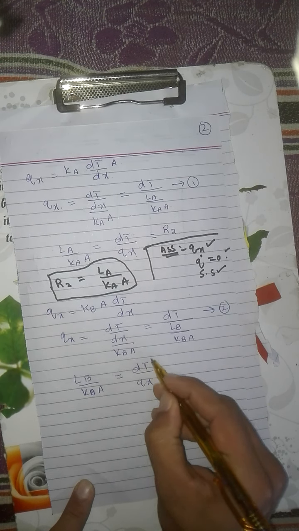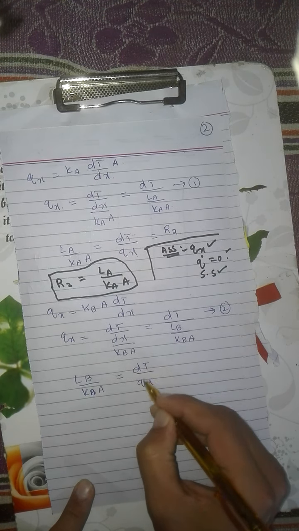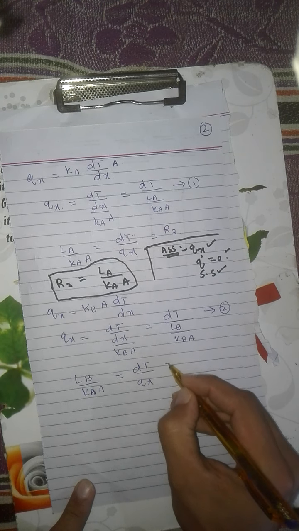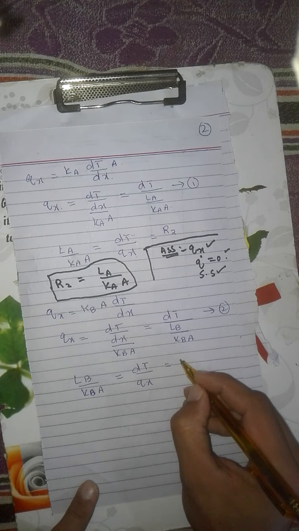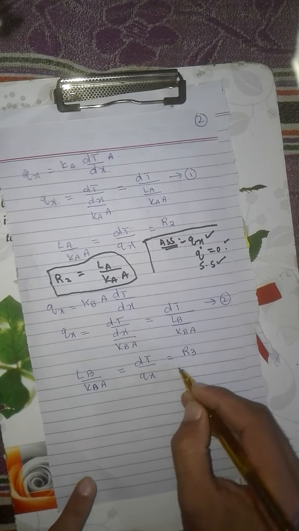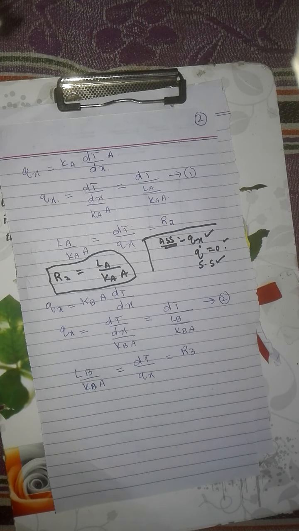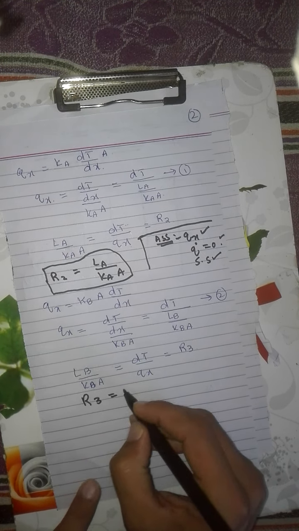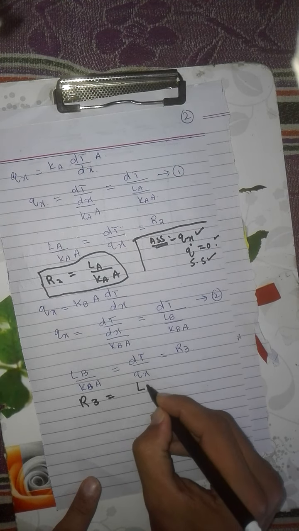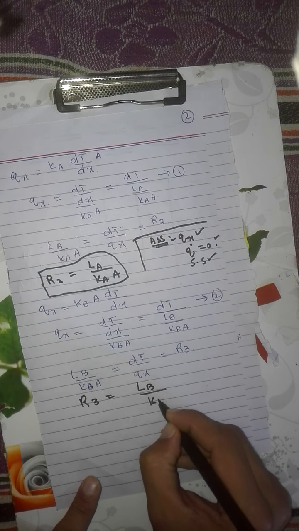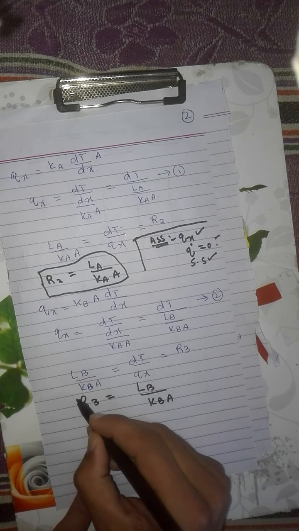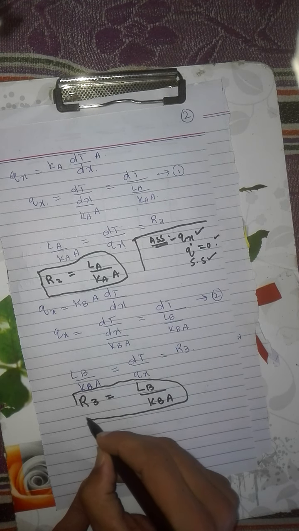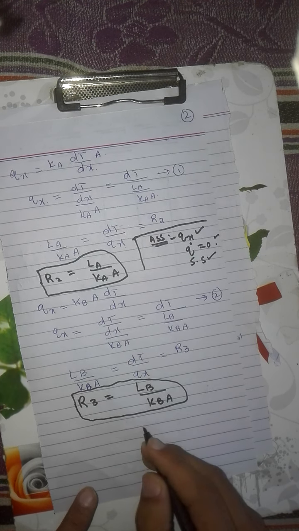This is again the temperature difference divided by the heat rate due to this temperature difference, known as resistance, which is R3. So R3 is equal to Lb divided by Kb into area. This is the third resistance to the heat transfer, which is provided by wall B.